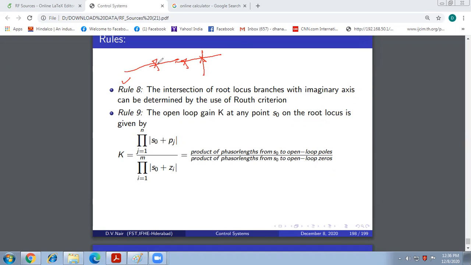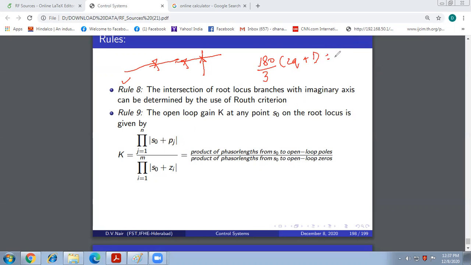And so what were the asymptotes here? Asymptotes would be what? 180 degree divided by what? N minus m. So it will be 180 into 2q plus 1 over 3 when there are no zeros, right?